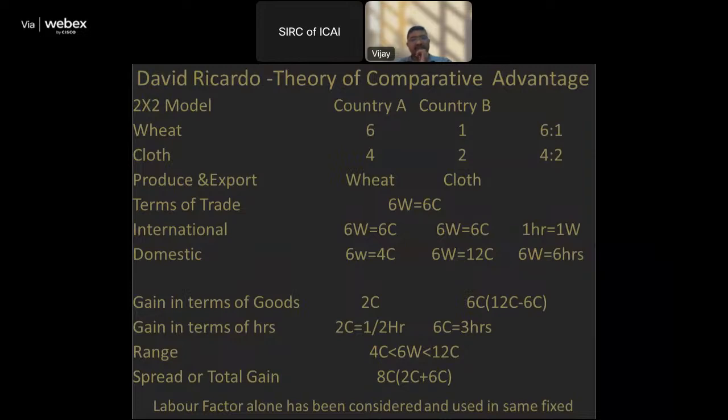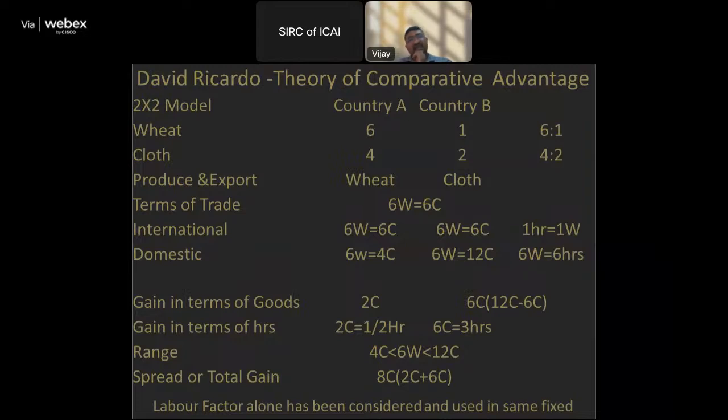So this theory of comparative advantage, which is given by David Ricardo. Sir, in case of wheat, it is 6:1. So country A has greater advantage, country B has greater disadvantage.